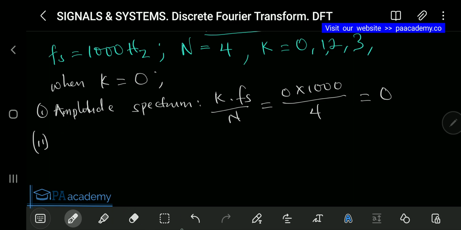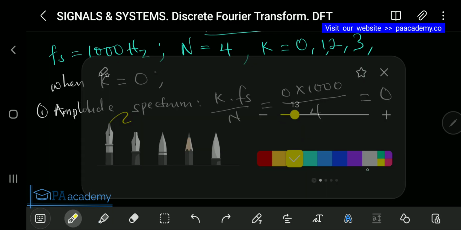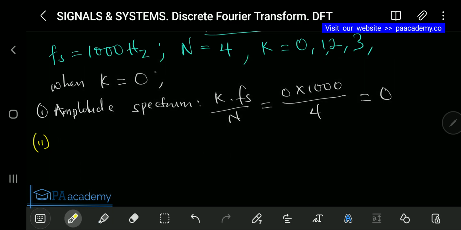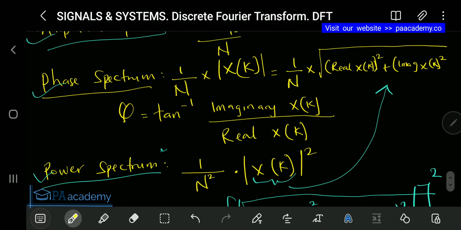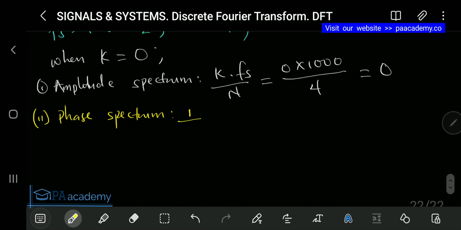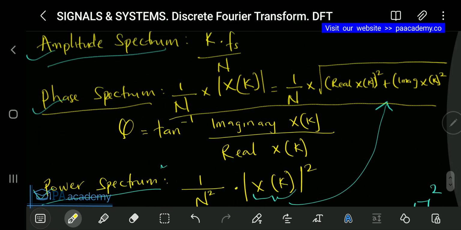So for our phase spectrum, we have it as 1 over N. The formula is here already. So this is it. Let's just input the values. So that's 1 over N multiplied by, let me just write the second side of it.